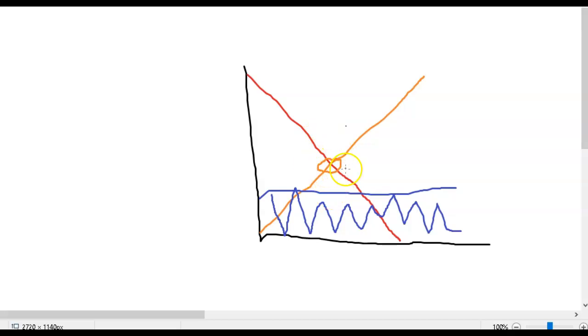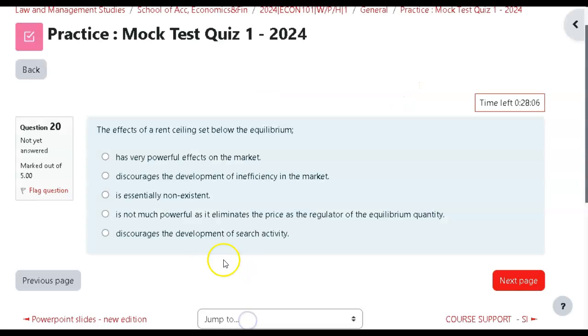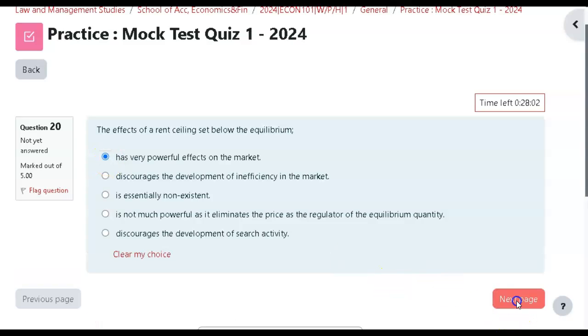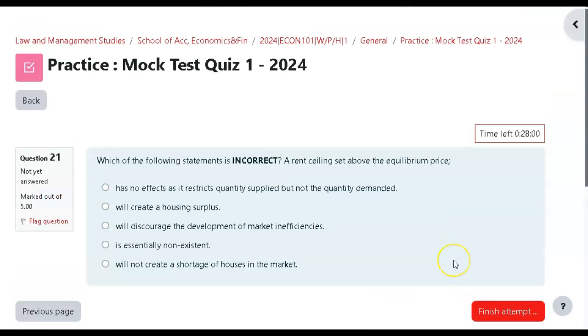But now everyone is charging rent over here. So this will destroy everything over here, because your tenants will say, listen, the government said we can only pay you up to here. So now the whole thing is going to be destroyed, right? If you look at the answer, it has a very powerful effect on the market. So that's correct.